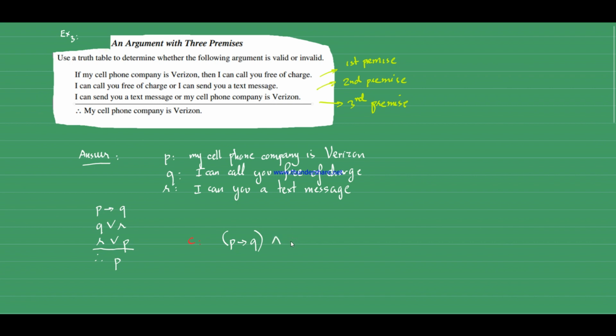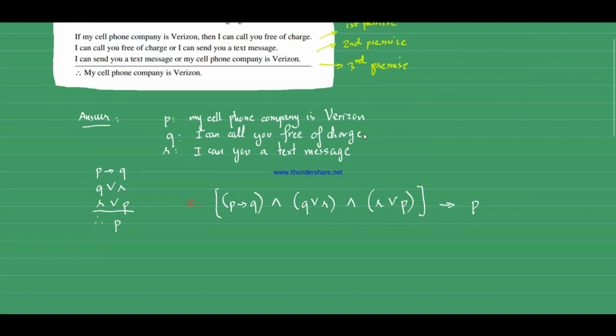So conjunction with Q or R, and conjunction with R or P. The whole thing over here is a conditional statement with P. So we will have two conjunctions like this.